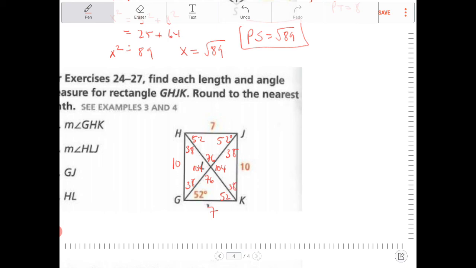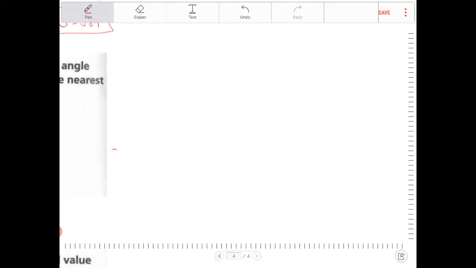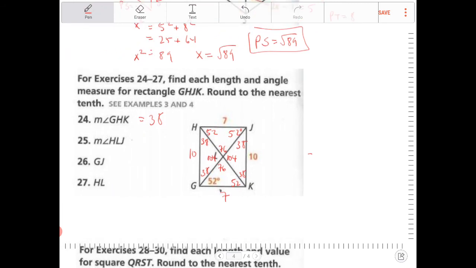Okay, so let's find out what GHK is. GHK has to equal 38. HLJ is equal to 76. Whoops. Is equal to 76. GJ is going to be the Pythagorean Theorem, right?